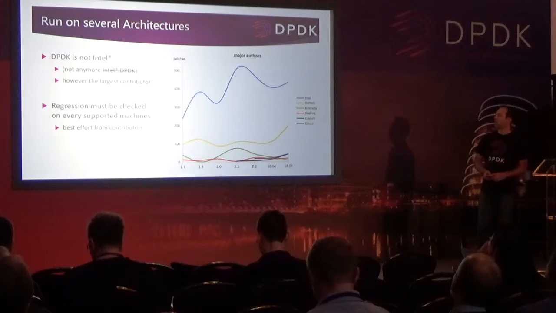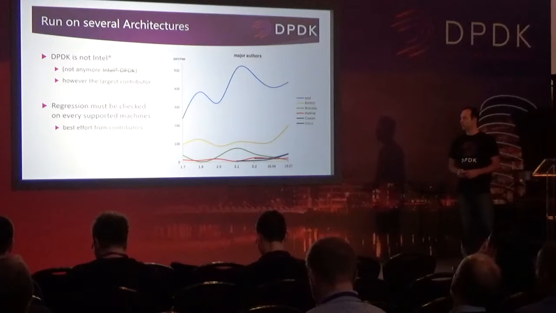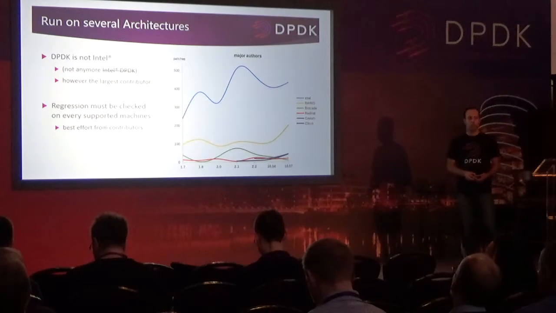What does having several architectures mean? It means now, when we are doing some changes, we must check that we are not doing some regression, that we are not breaking the other architectures. That's not something so obvious to do. And honestly, we cannot really do it alone.